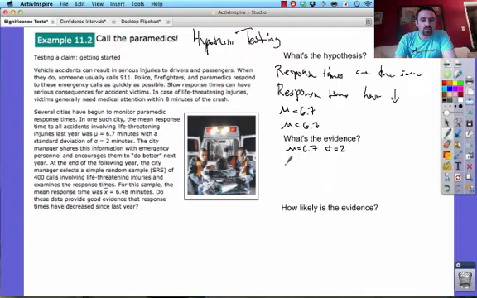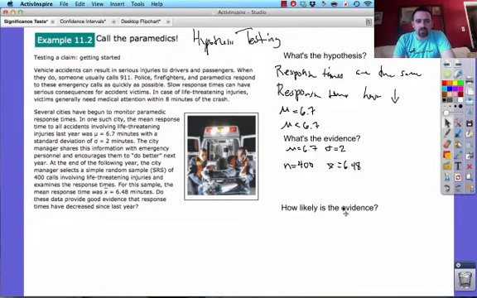Now we know this year, with a sample of 400, we have a sample mean of 6.48. Now, this is not a population. This is not the second year's population average, it's not the true average, but it is less than the population mean from the previous year. So the question is, how likely is the evidence?